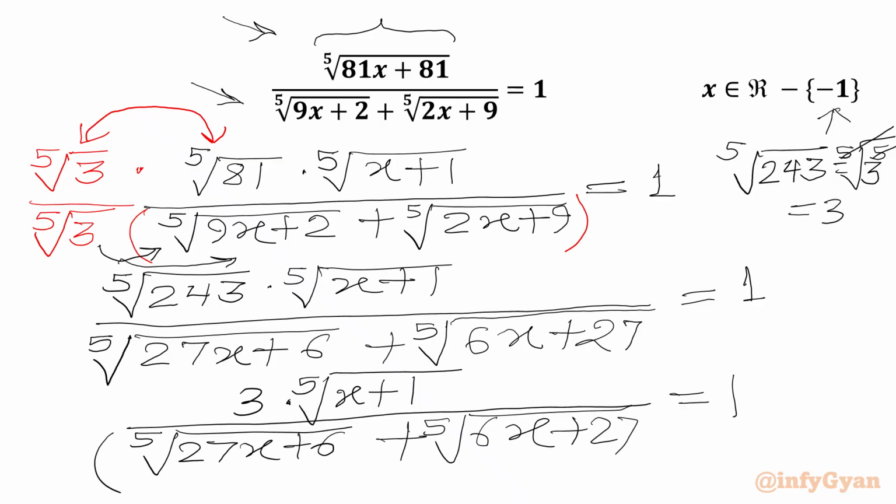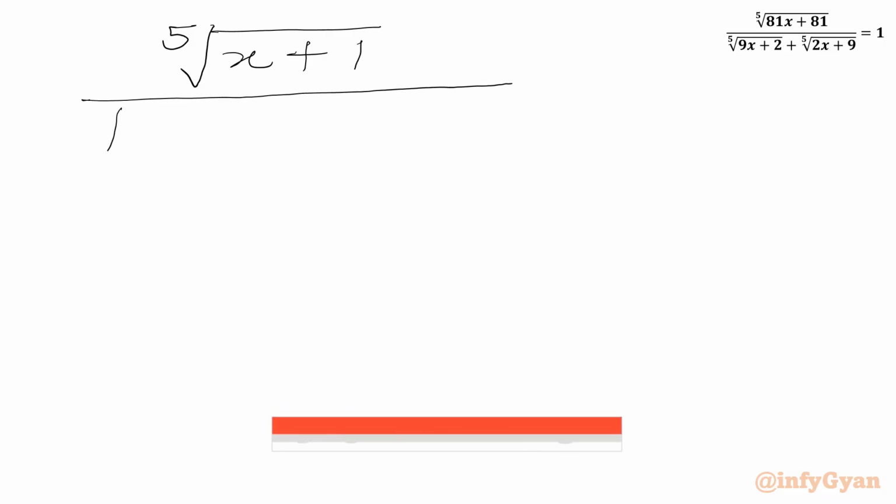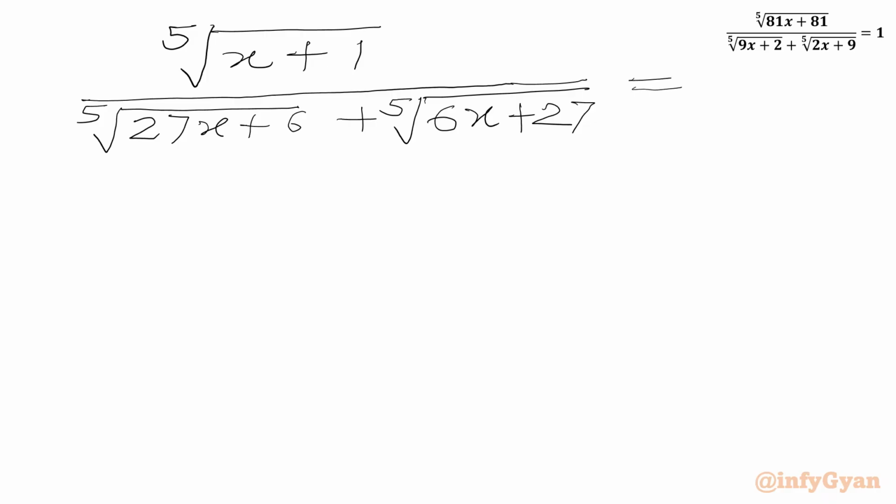So let me write here divided by 3. So our numerator 3 will be gone, and in the RHS we need to write 3 in the denominator. So I can write our equation: fifth root of x plus 1 in the numerator, and in the denominator fifth root of 27x plus 6 plus fifth root of 6x plus 27, equal to 1 over 3.